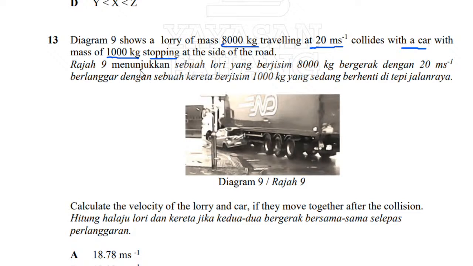It means that now the car is stationary at the side of the road, and the lorry is moving with a velocity of 20 meter per second. So the lorry hits the car. Now the question: calculate the velocity of the lorry and the car if they move together after collision. Oh, kesian, the car. Calculate. This is actually the principle of conservation of momentum.